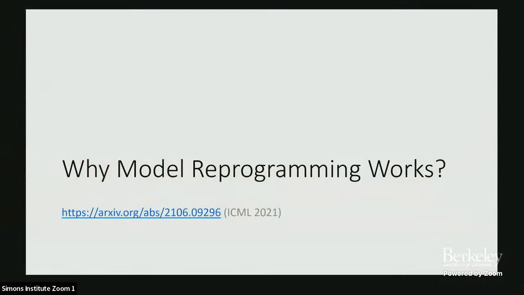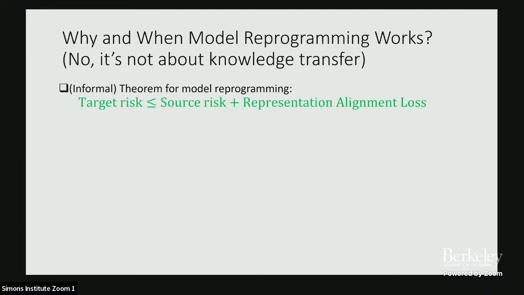Okay. So, just out of curiosity, we want to know why model reprogramming works. And we have very preliminary results on why it works. This is not really about knowledge transfer that people talk about in transfer learning, because we have shown model reprogramming can work well in these cross-domain learning setups.